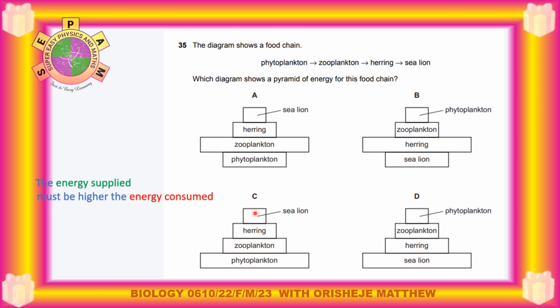This is the correct order, C. Then here they say the sea lion, the tertiary, is more, so this is totally wrong. The energy supply by the producer must be higher than the energy consumed by the consumer if the ecosystem must be stable.